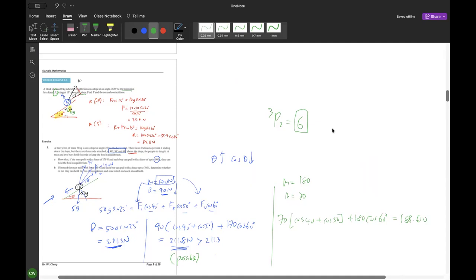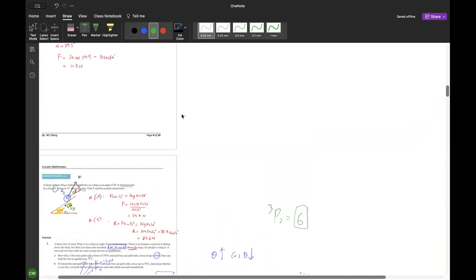Sine theta, cos theta, like that. It comes from the angle calculation. Theta. This is R. If you are looking at the side next to the angle, it is cos. If it's opposite the angle, this is sin.